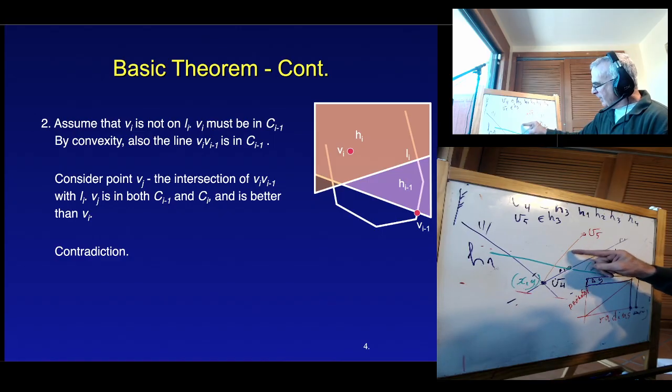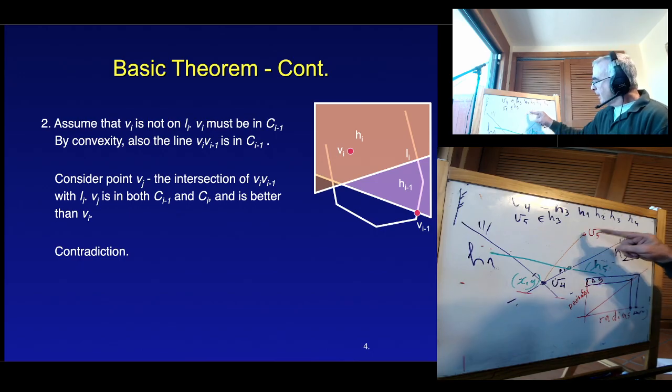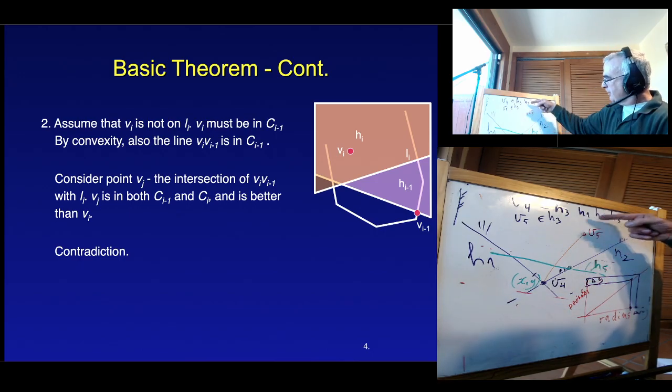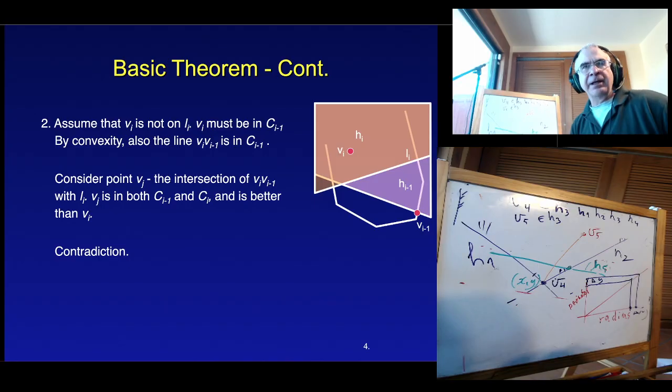So as I'm walking down the segment, what is happening? My cost function is getting better and better. I don't hit the boundary of H1, nor of H2, nor of H3, nor of H4, because both endpoints that I have are inside H1 and 2, H3, and 4.